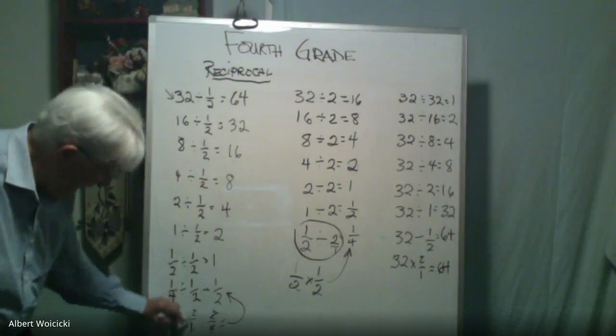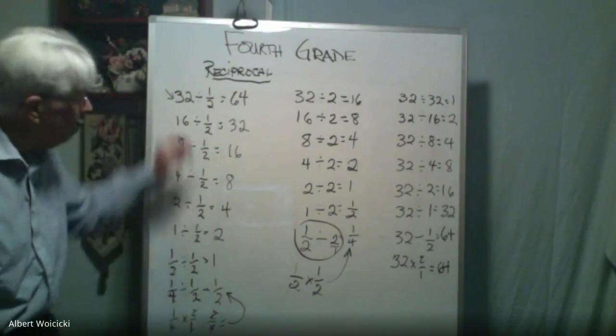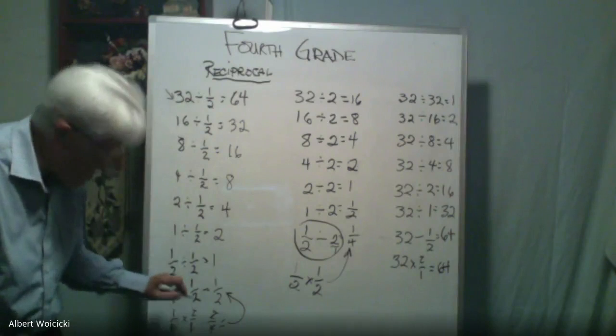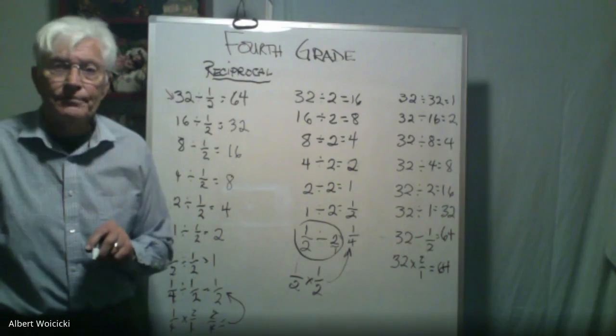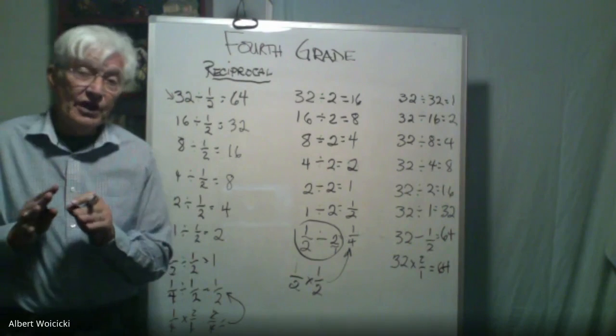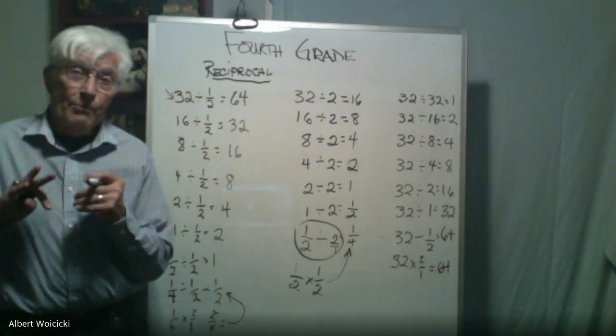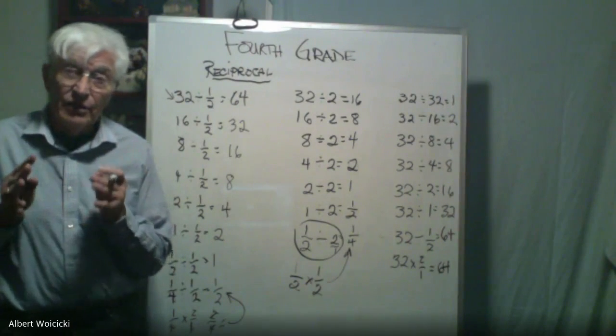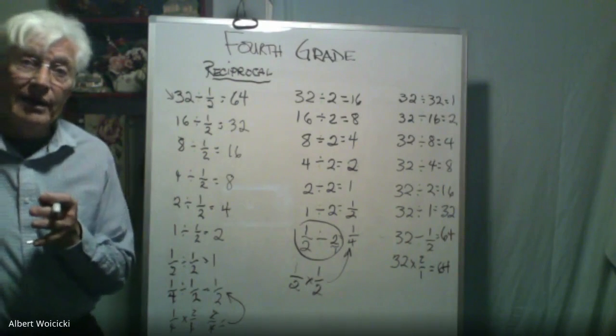So we had to use our reciprocal when we divide by a fraction. Division by a fraction requires us to use the reciprocal of that fraction. Then we can multiply.